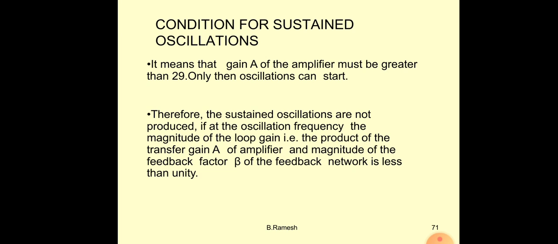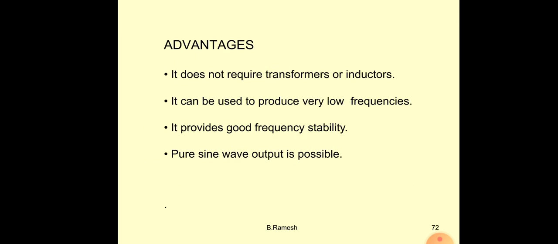Therefore, sustained oscillations are not produced if at the oscillation frequency the magnitude of the loop gain, that is, the product of the transfer gain of the amplifier and the magnitude of the feedback factor beta of the feedback network, is less than unity. Advantages of the RC phase shift oscillator: it does not require a transformer or inductors.